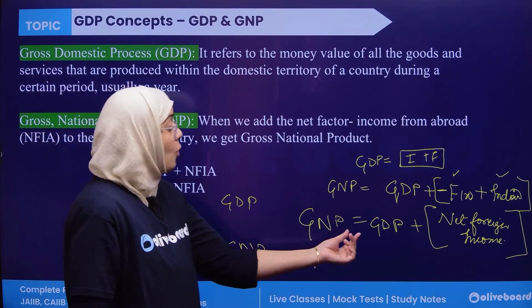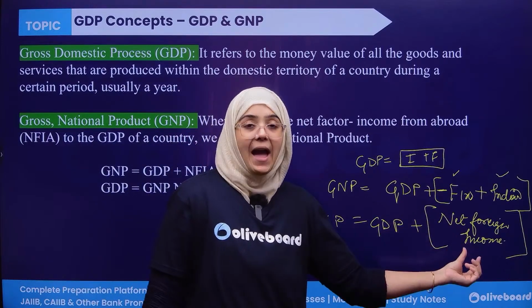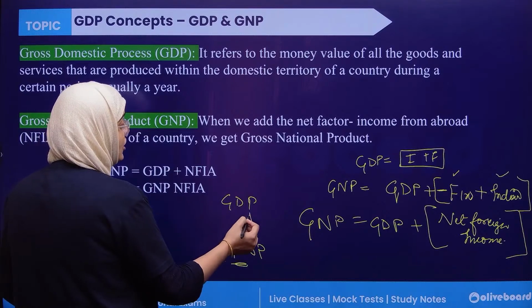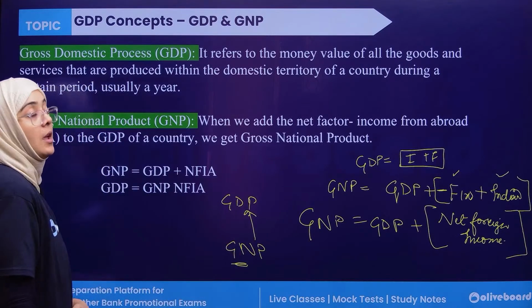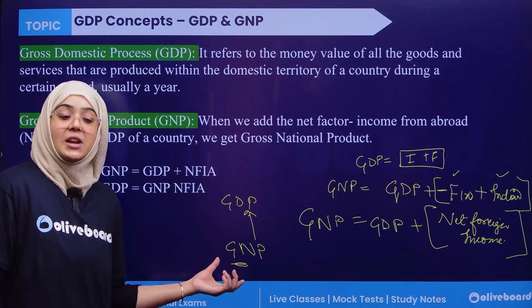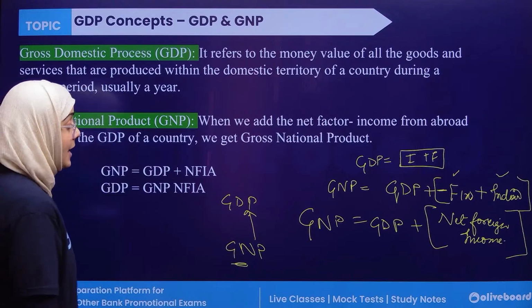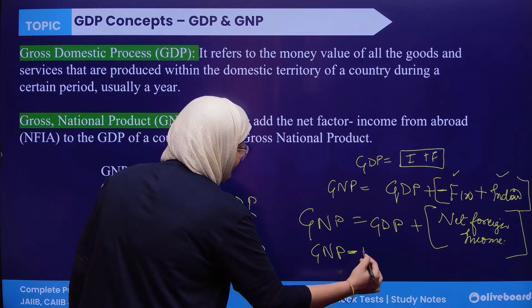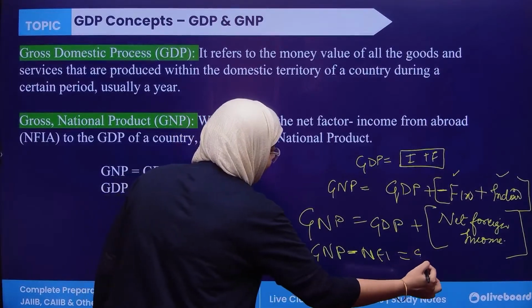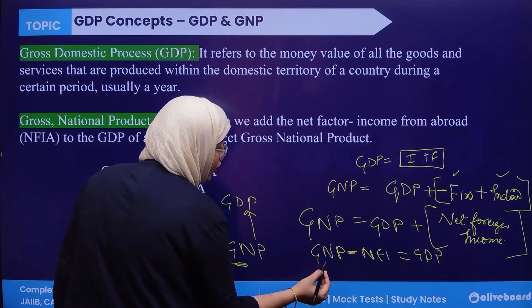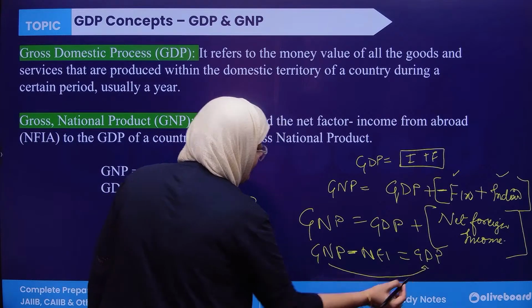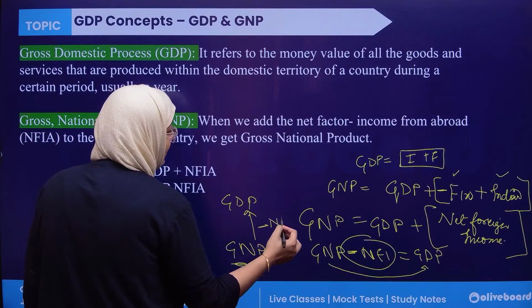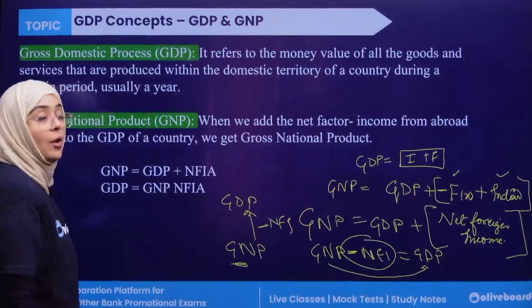Because we have to add this to GDP to obtain GNP. So if we want to convert GNP into GDP, the formula is GNP minus NFI is equal to GDP. Means if we want to convert gross national product into domestic product, we have to subtract net foreign income.